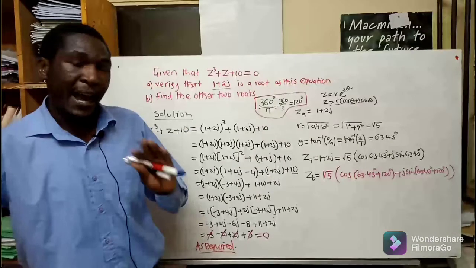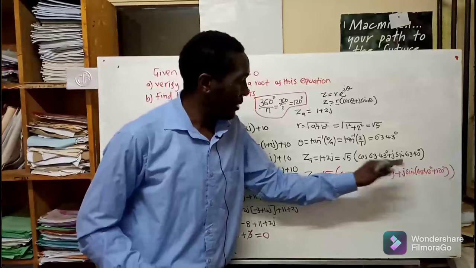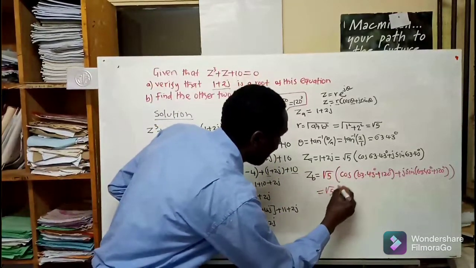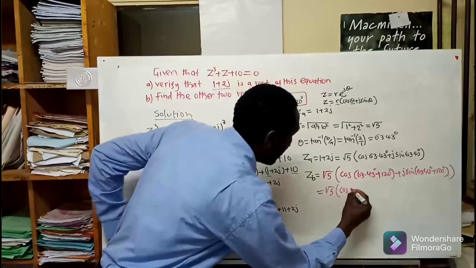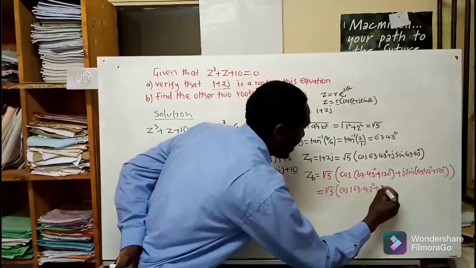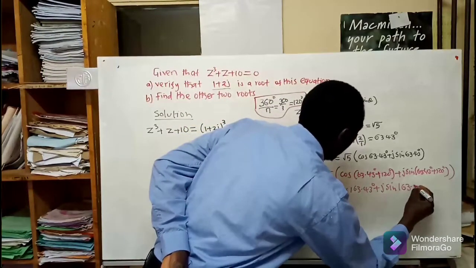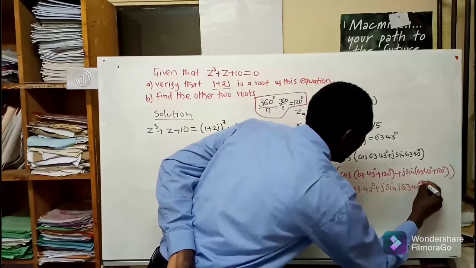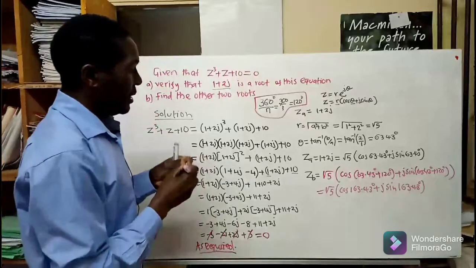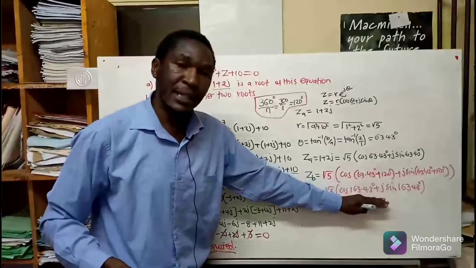After adding 63.43 with 120, what do we get? This gives us the square root of 5 into the cosine of 183.43 degrees plus j, the sine of 183.43 degrees.